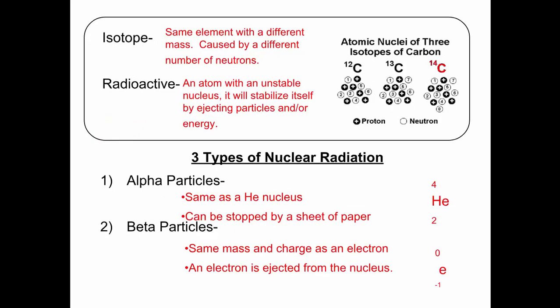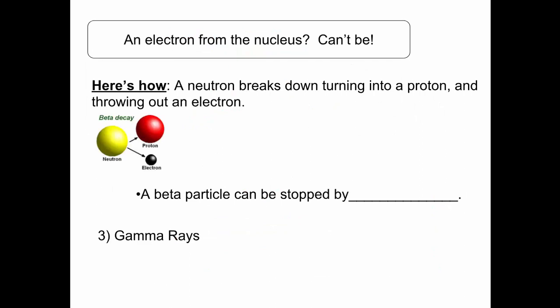Now this may leave you with a question, because what is in the nucleus? Neutrons and protons. And what am I telling you can be ejected from the nucleus? An electron. Well, does that make any sense? Not really. Here's the explanation. When the nucleus is going through beta decay, a neutron releases an electron and becomes a proton.